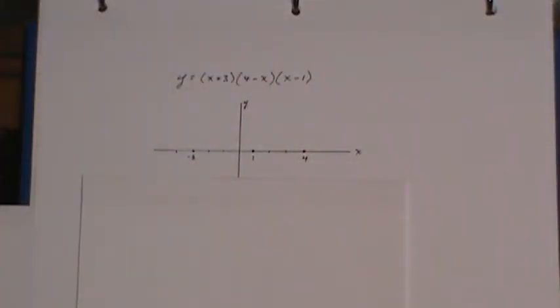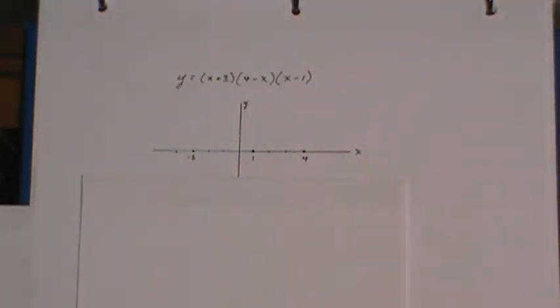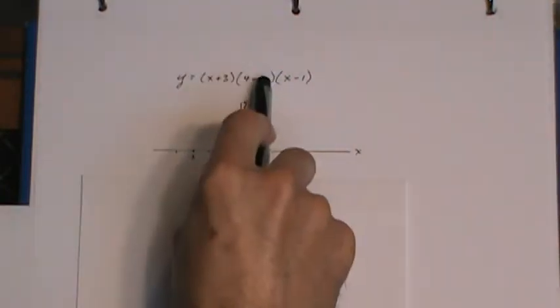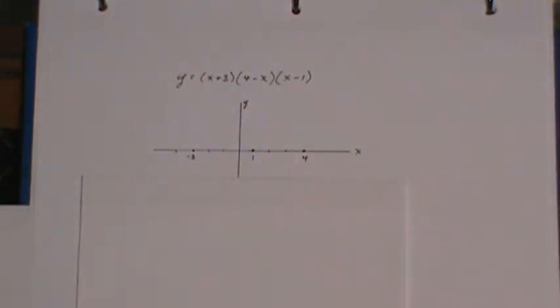Here's another one in factored form, but you notice I put the x second this time. And what that means is if you multiply x times negative x times x, you will get a negative x cubed, which means this is what I call the upside down cubic. It's going to end going down.